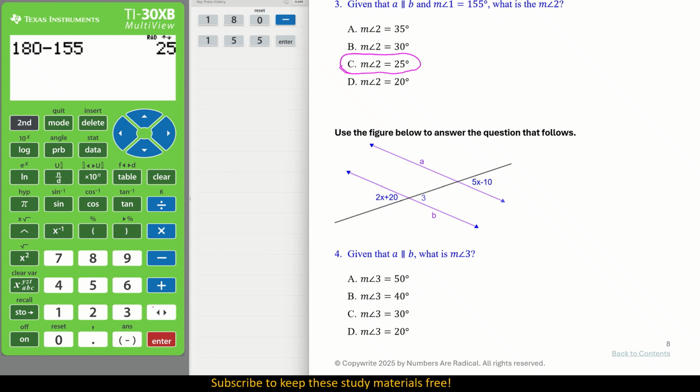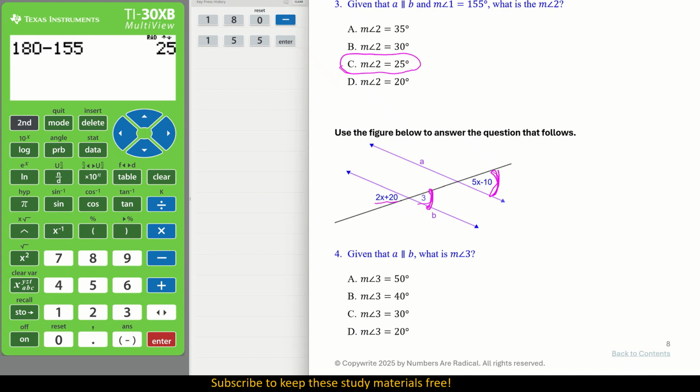Okay. Now we need to use the vertical angle theorem. So that tells me that 2x plus 20 is congruent to angle 3. And then from the prior rule we used above in number 3, I know that angle 3 here is congruent to 5x minus 10.